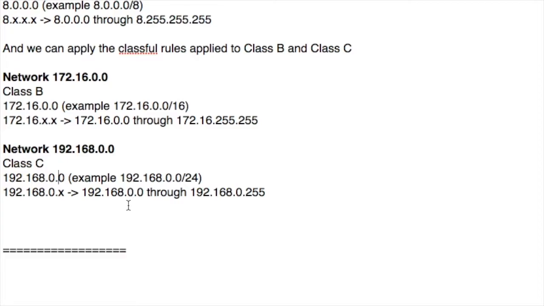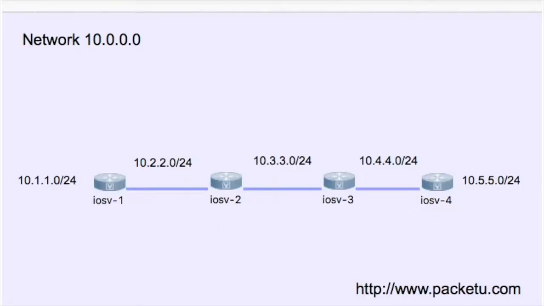So when we're talking about contiguous and discontiguous networks, what we're talking about is whether networks are together or networks are apart. Again, we talked about 10.0.0.0 being a network. If we look at that as a network, that's a class A network based on the original RFC.